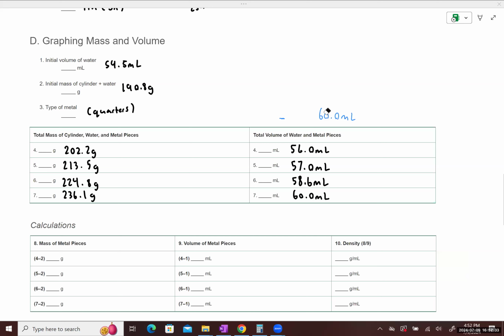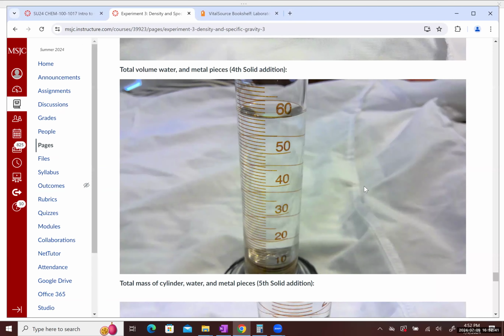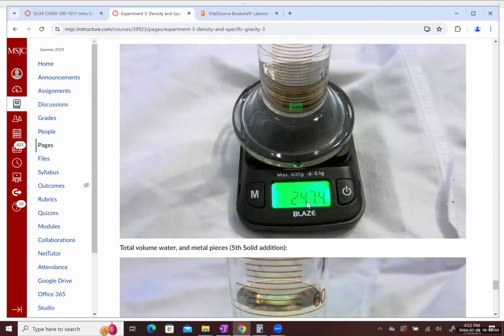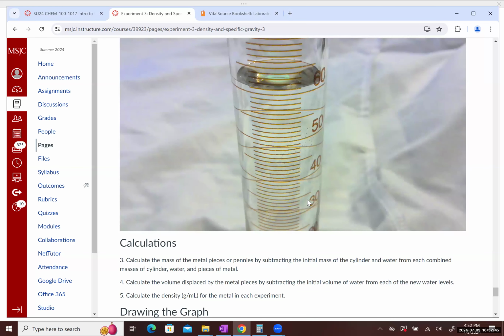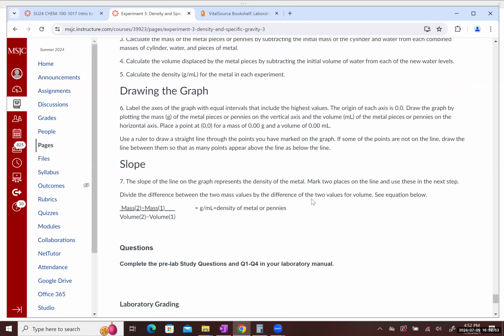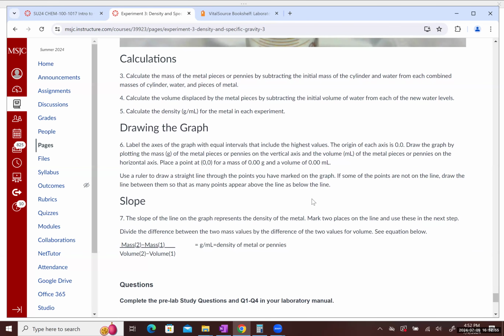Okay, so we've completely filled in our data table. Now we're ready to do some calculations. For those curious, I added an additional trial just to show that this trend stays consistent as we continue to add solid. From here, let's get started with the calculations.